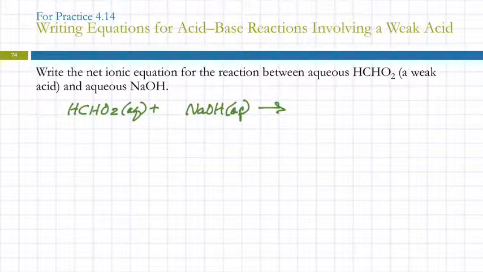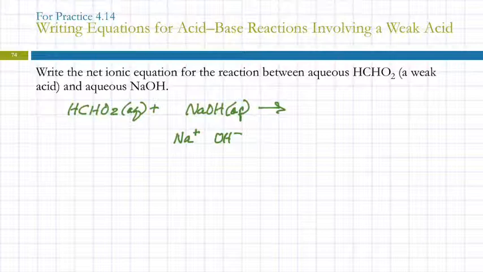And they told me that's a weak acid. So I'm going to pull these into ions and swap the partners and see what happens. And you might look at that HCHO2 and think, that's kind of messy. Let's do the sodium hydroxide first. So this is sodium ions and hydroxide ions.